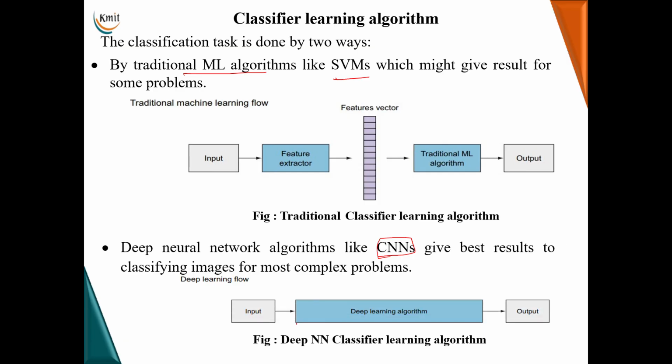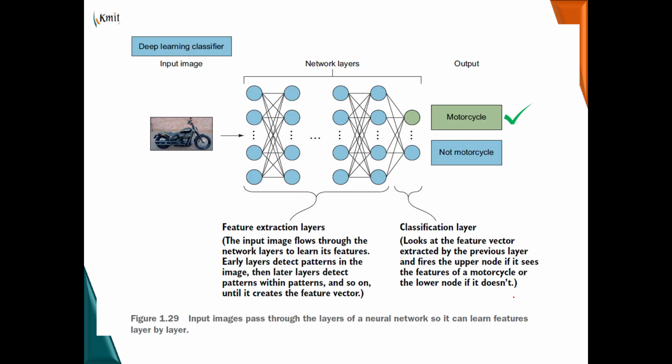This is the block diagram where the features are automatically extracted by the machine itself, and then the output is classified depending upon the label provided. The input images will pass through a number of layers of the neural network to learn their features.